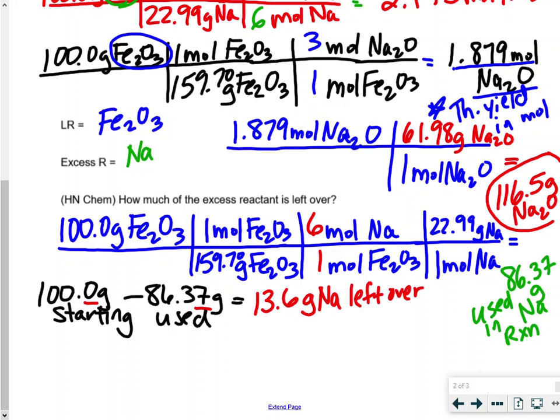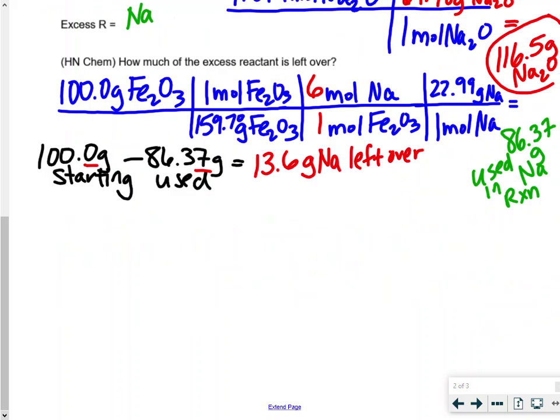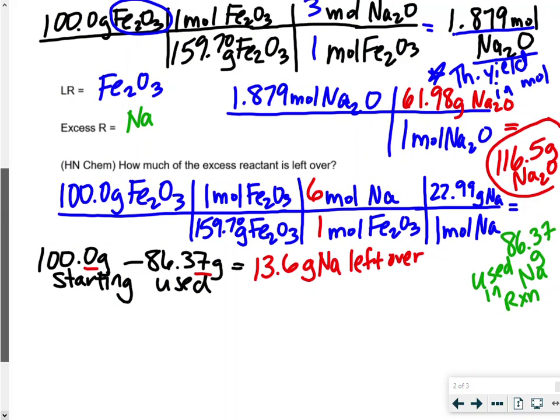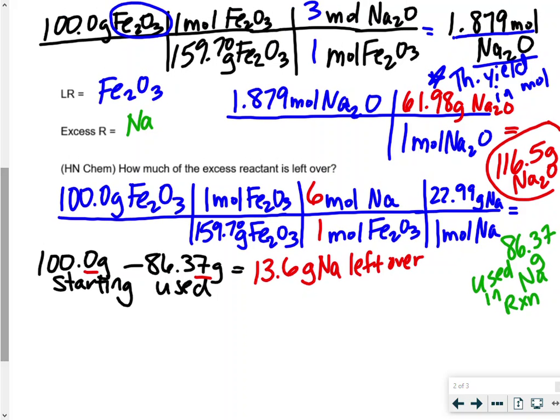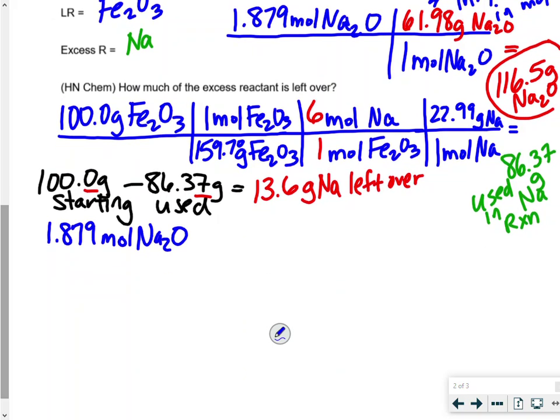The other way you could work it is starting with the theoretical yield. So you could start with our theoretical yield up here, this number, 1.879 moles Na2O. We're going to work this also to the grams of sodium. 1 mole Na2O. Actually, it's not 1 mole. What is it?